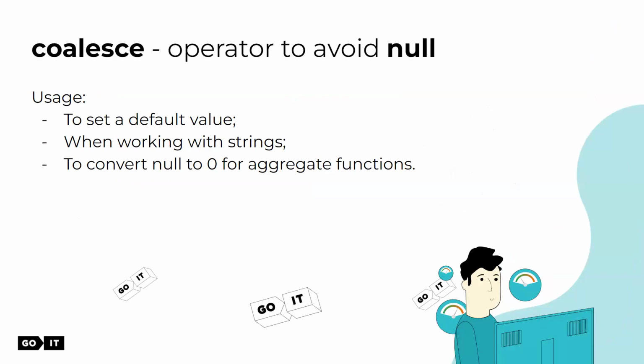So the usage of COALESCE is to set a default value. It is most likely used when working with strings, and to convert null to zero for aggregate functions. So if you are trying to avoid getting a null value, most probably you can use the COALESCE function.